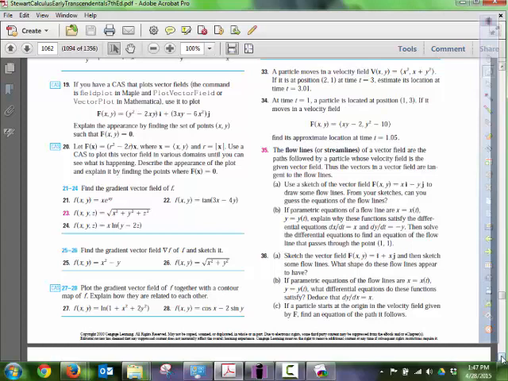I think the way the book should have done this is introduced a couple of other derivatives that would be useful for us. The 2 other derivatives that we're going to learn about are called div and curl, and they have something to do with your gradient notation. And when I say gradient notation, I mean that upside down triangle plays a part in the definition and the computation of these other derivatives.